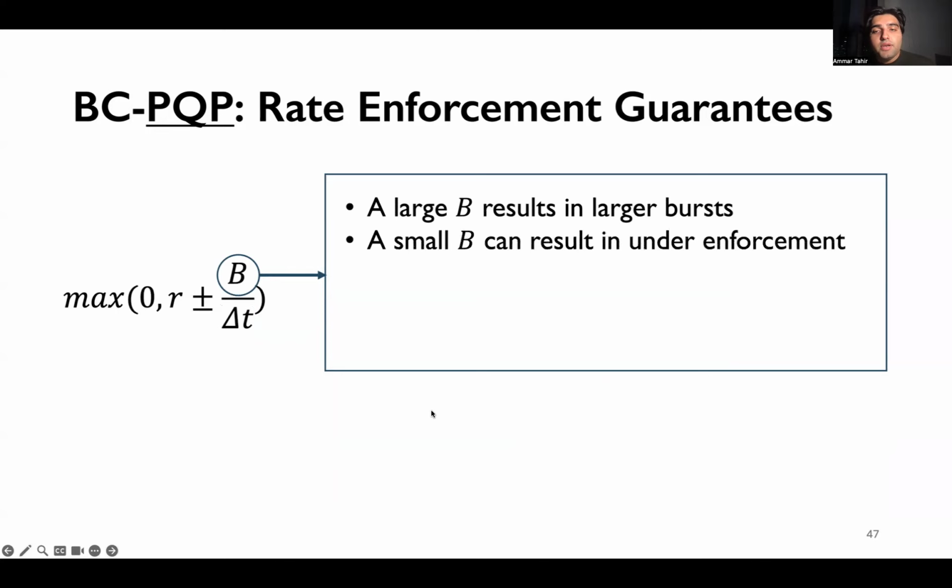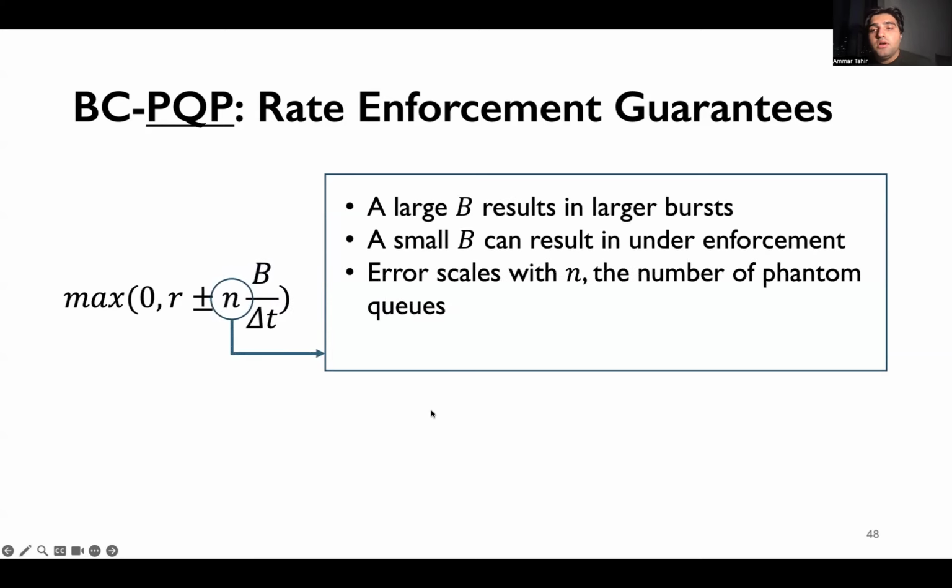There is also a hidden implication where a small B can also be problematic, as it can lead to the phantom queue going empty too often, which results in under-enforcement. Now, so far we were discussing the case for a single phantom queue. The error also scales by the number of phantom queues in the PQP system. It is evident that how we configure phantom queue size has decisive implications on the performance of the PQP system.